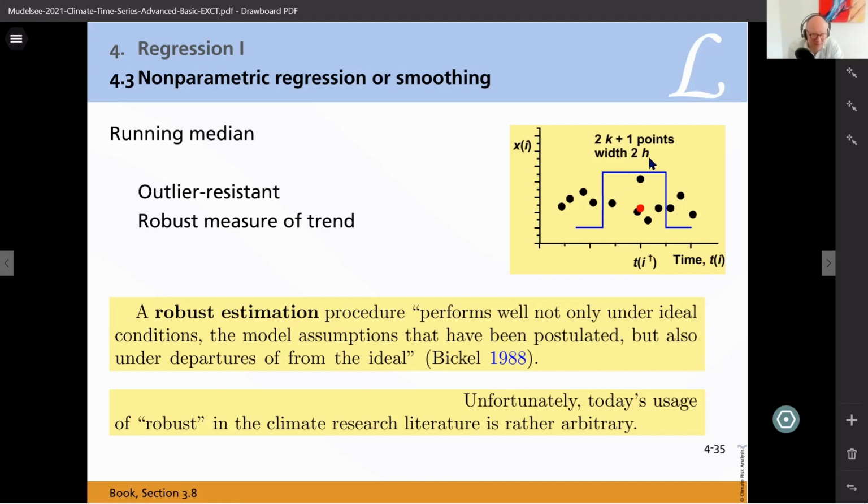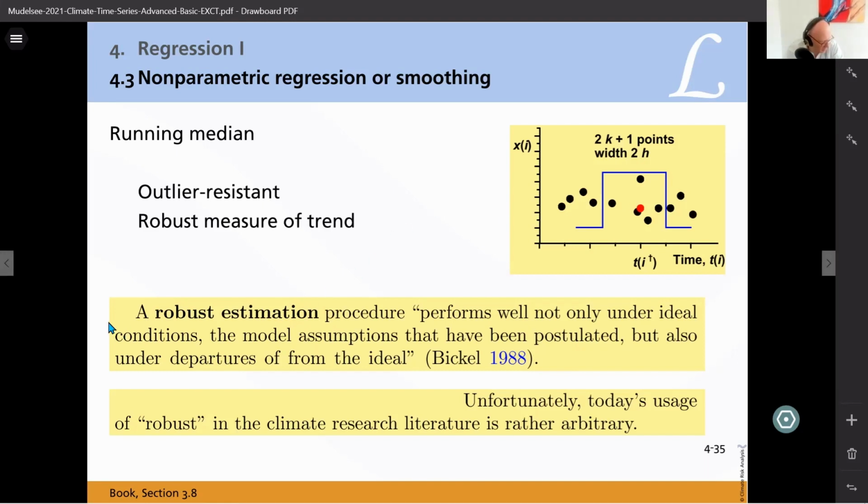It would lead us too far here, but be aware that you can also use a robust measure, not only of the trend, that means the median instead of the mean, but you can also calculate what is called the MAD, the median of absolute distances to the median. This again would not be influenced by the presence of extremes. And these are therefore robust and suitable detection parameters for extremes.